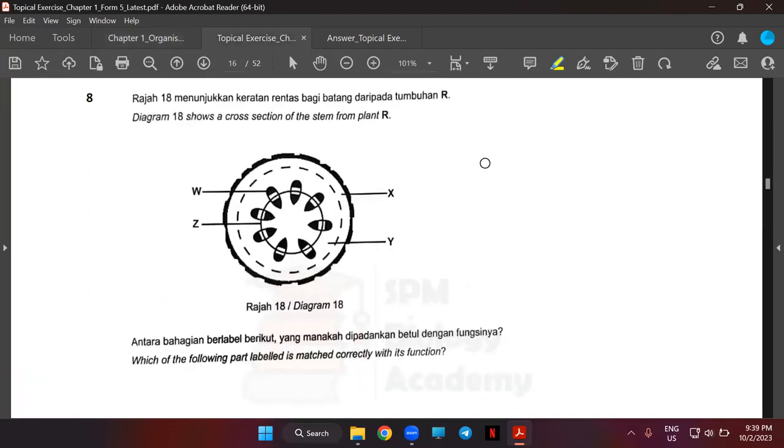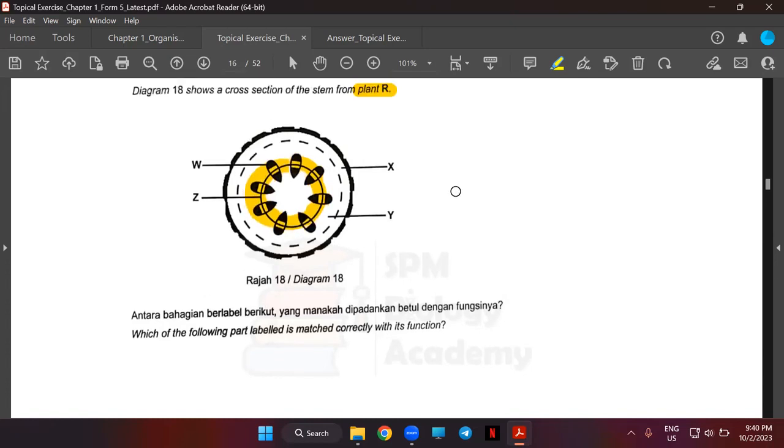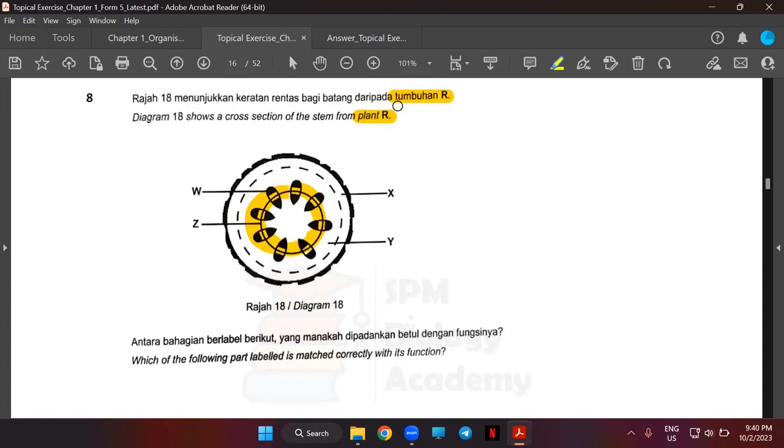Rajah 18 menunjukkan keratan rentas bagi batang daripada tumbuhan R. Diagram 18 shows a cross section of the stem from plant R, di mana kita nampak vascular bundle, berkas vaskular disusun dalam bentuk macam ring. Kalau berkas vaskular disusun dalam bentuk cincin macam ini, maka plant R ialah dicot.